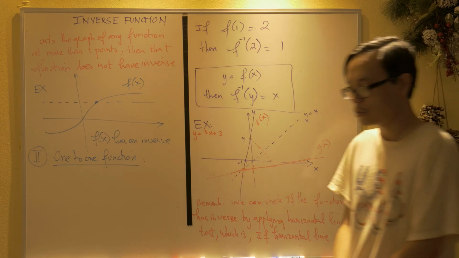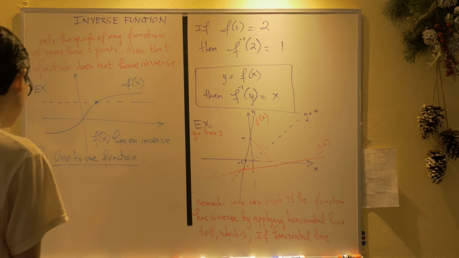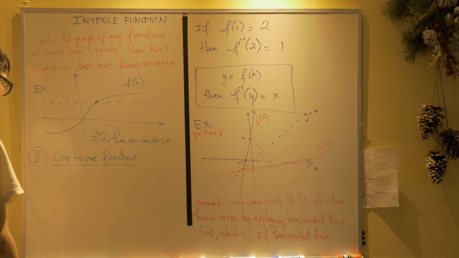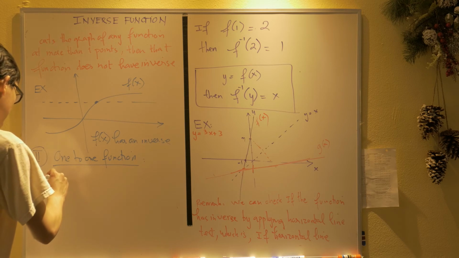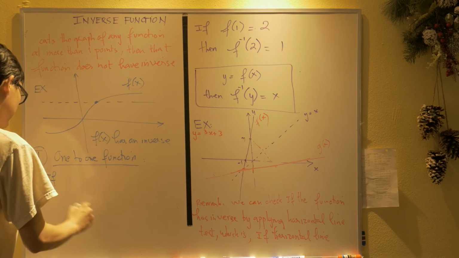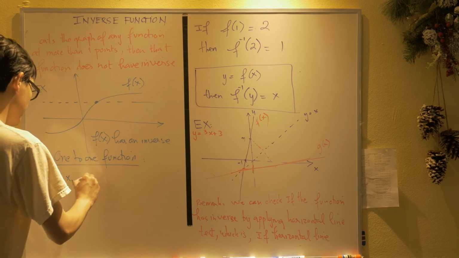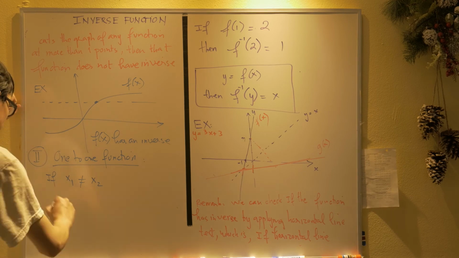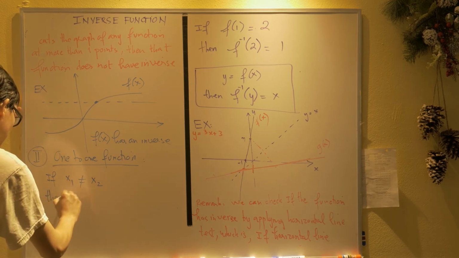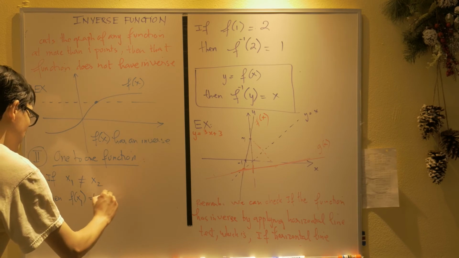But what is a one-to-one function? A one-to-one function is a function that satisfies that if x1 is different from x2, then f(x1) must be different from f(x2).